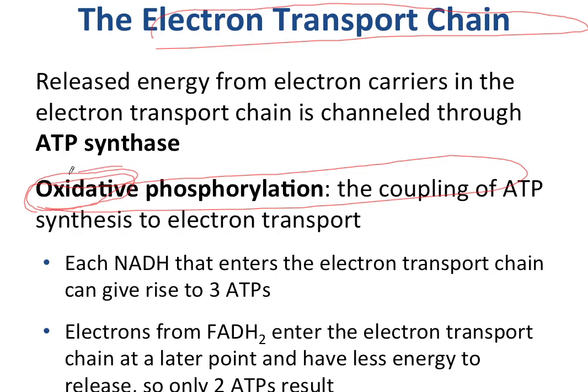Phosphorylation means synthesis of ATP, so ADP will be phosphorylated by adding a third phosphate group. The chemical reactions on the electron transport chain are called oxidative phosphorylation.